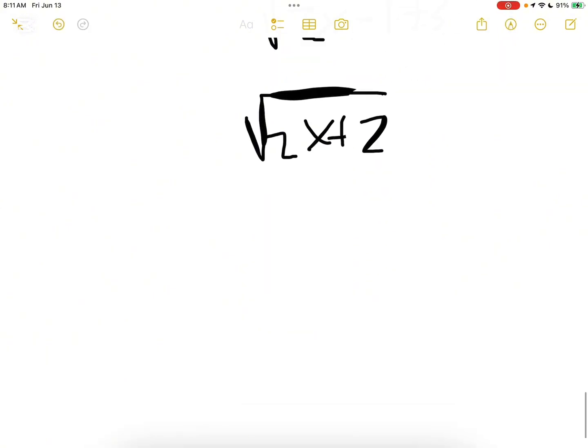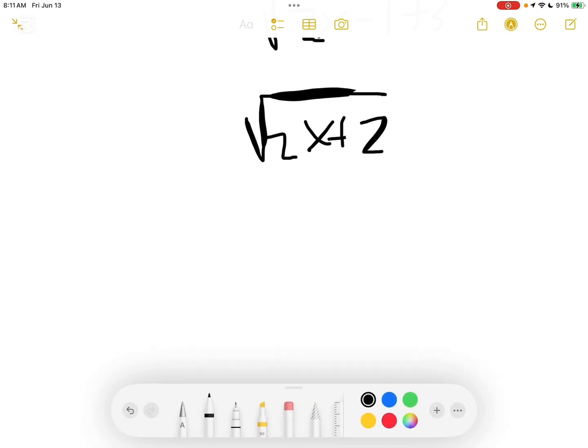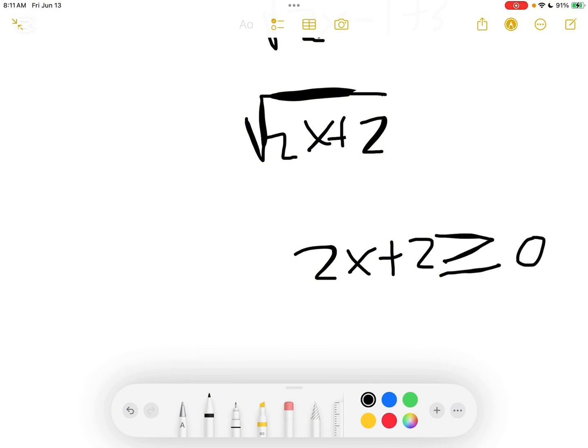Now, I'd like to show you how to find the domain. When finding the domain, it's easy to set it up like this. If we go 2x plus 2 is greater than or equal to 0. Picture this like an equal sign, and you're trying to get everything onto this side and isolate x. We always start with addition or subtraction, and then we'll move on to division and multiplication.